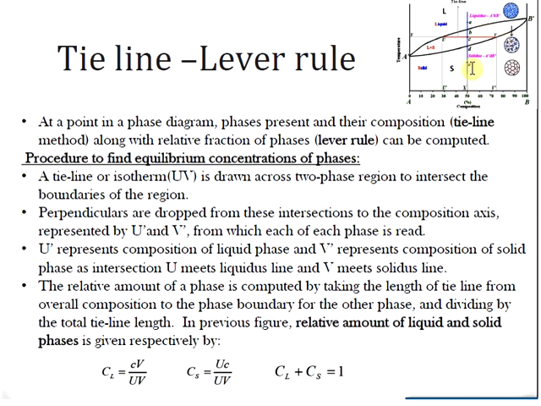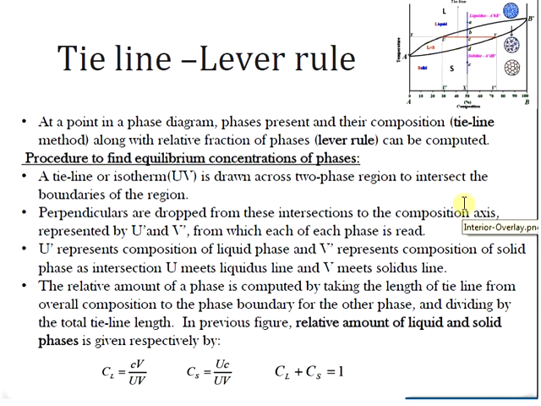So in this figure, we can find out the relative amount of liquid by using this formula, that is CV. CV is related to the solid phase. That line represents the length of the tie line from the overall composition, that is from this point, C overall composition, to the phase boundary for the other phase. So for liquid we need to consider the other phase, which is solid. So this is CV divided by the total tie length.